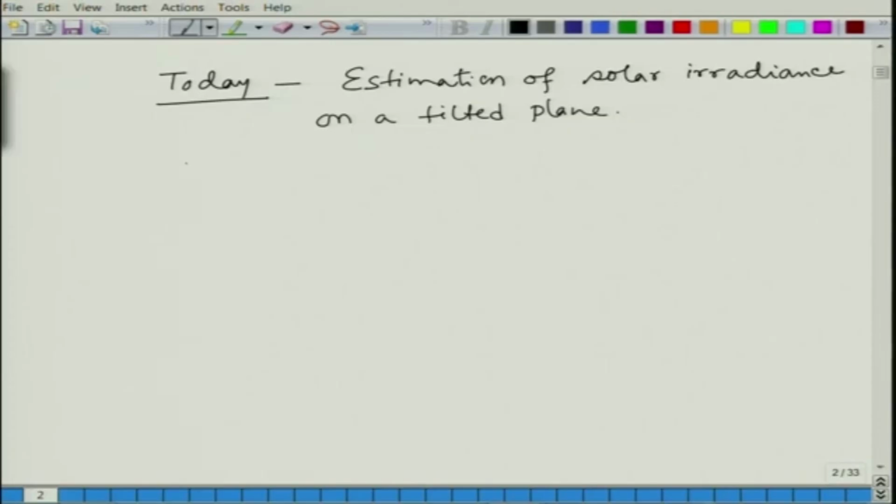Okay. But before we proceed, we need to find how to measure, because we can estimate and we have to validate whether our estimation is correct or not, and we need to measure the exact value of this irradiance. How to measure? Okay.